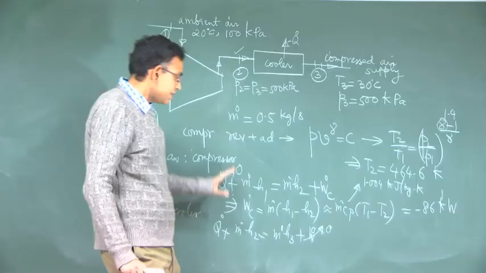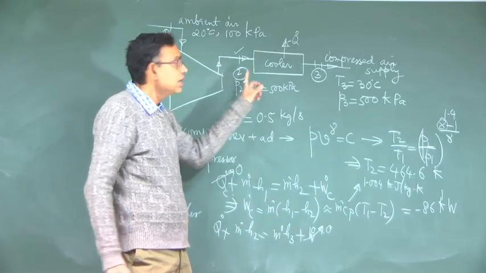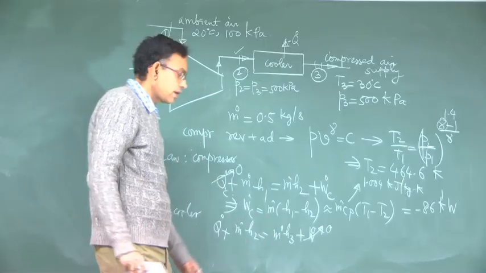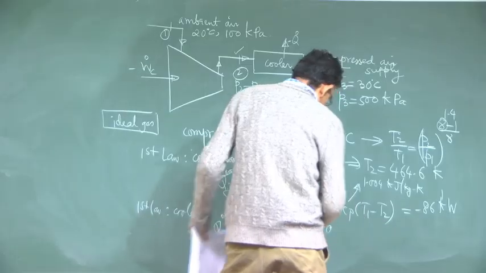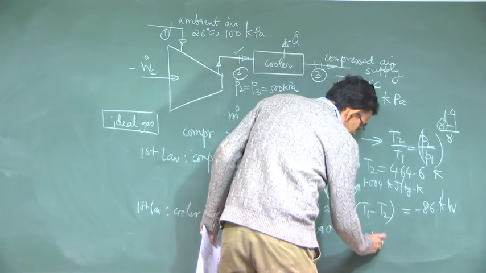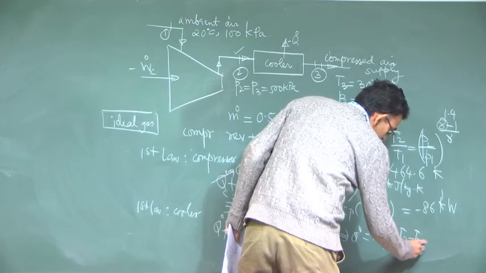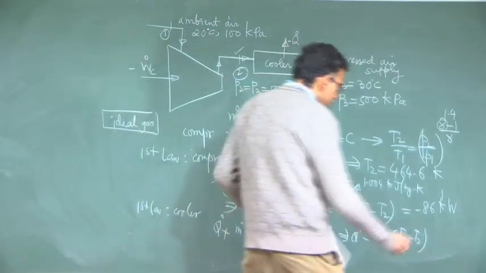It is the same first law, you have to just see what is inlet and what is exit. For the cooler, inlet is 2, exit is 3. So, from here you can calculate, and again this is minus 102.5 kilowatt.